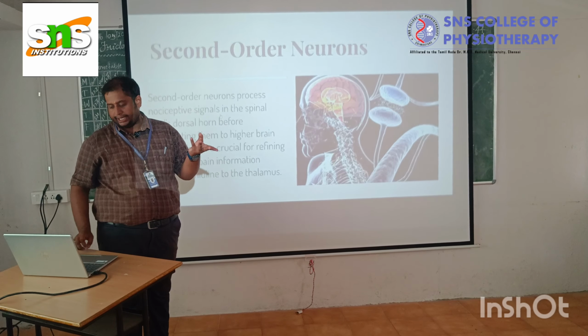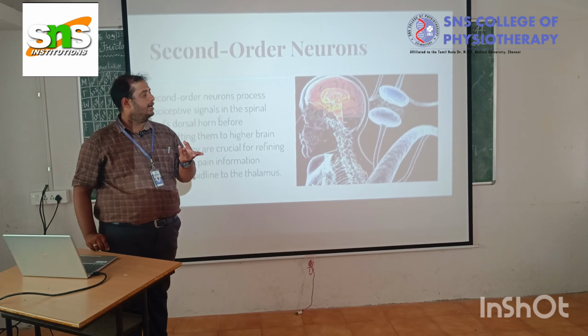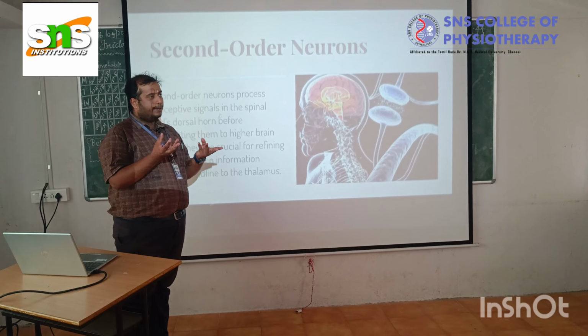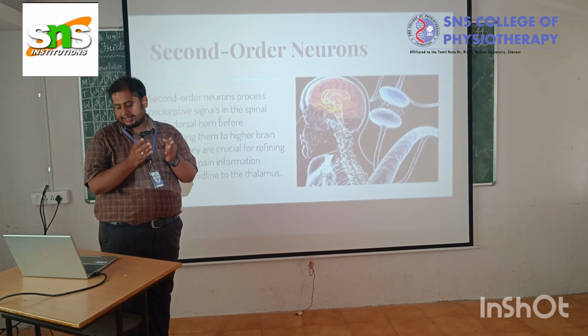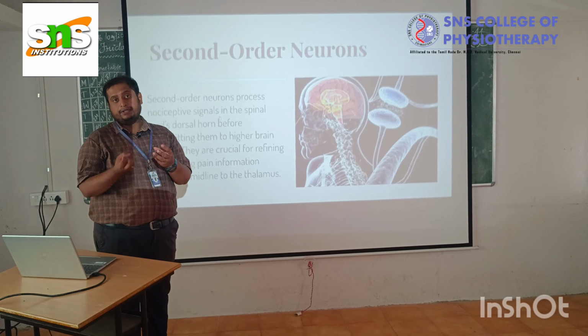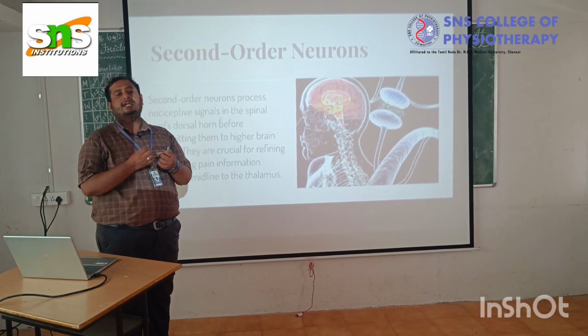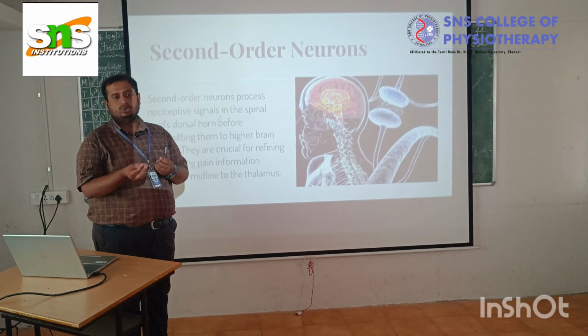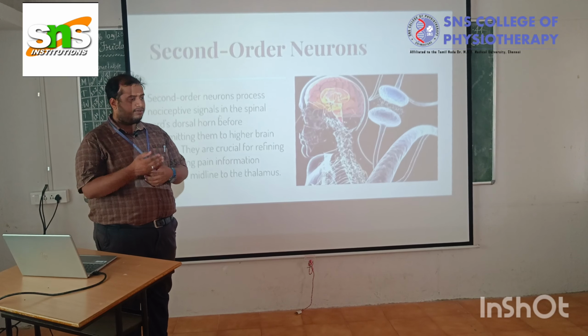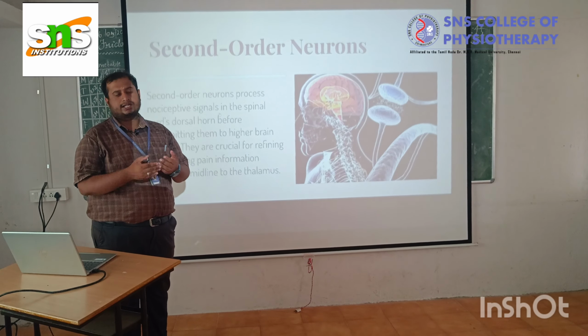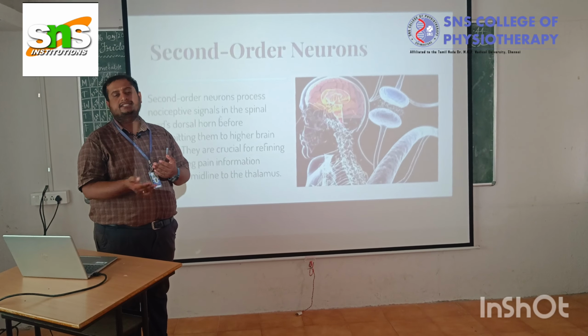The higher center is the brain, where the brain perceives the pain. There's a center for the pain where the pain is analyzed, and it determines what kind of pain it is and what we should do for that. The brain will think of that, and it will give the corresponding responses to the pain stimulus.